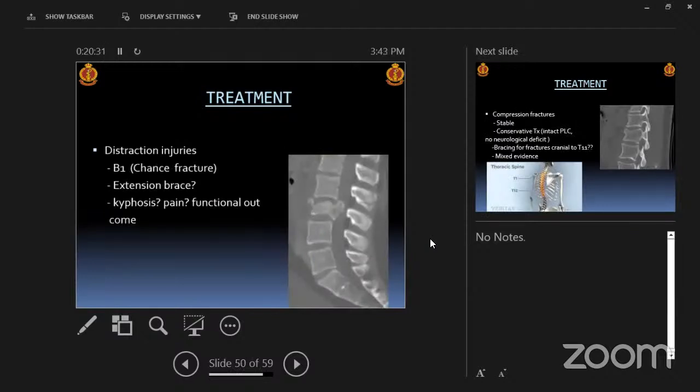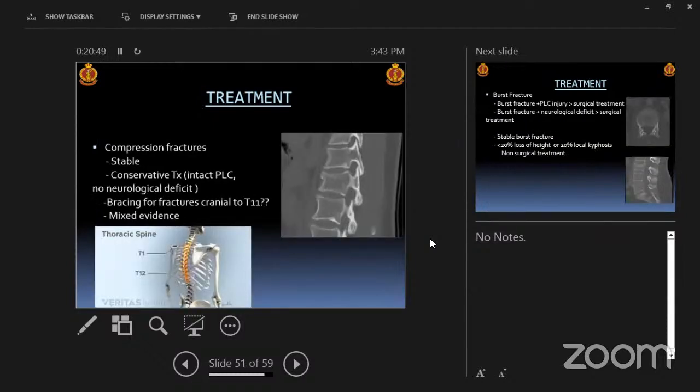Sometimes a bony Chance fracture you could treat conservatively if your patient is unstable for surgery, but in terms of kyphosis or traumatic kyphosis with pain and functional outcome, surgery is superior to conservative.